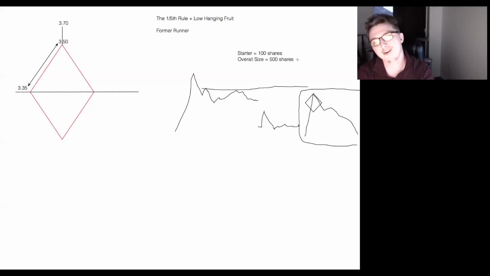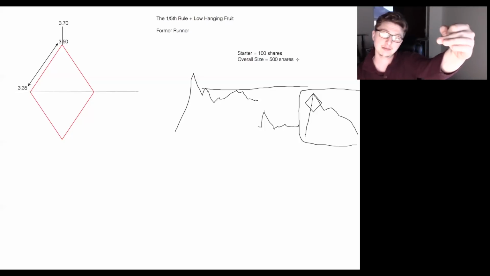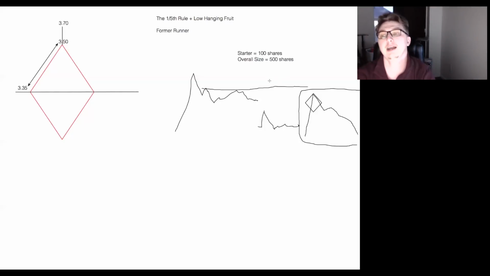Okay. Now my starter is going to be before I get to my ideal average. My ideal average, I would love to be short in the 350s. But if I miss that, maybe I don't get all of it. So here's how I do it, and how many people do it. They may not have a scaling method like I do, but this is how I like to play it out.